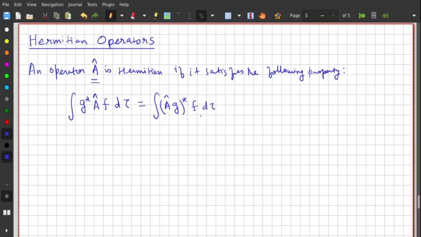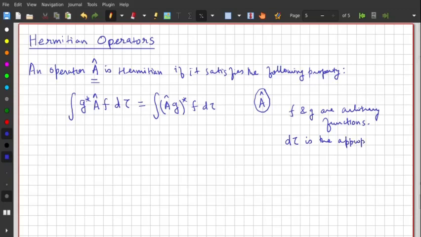Okay, so here remember we are testing whether A hat is Hermitian or not. A hat is the operator that we are testing, and f and g are arbitrary functions, and d tau is the appropriate volume element.